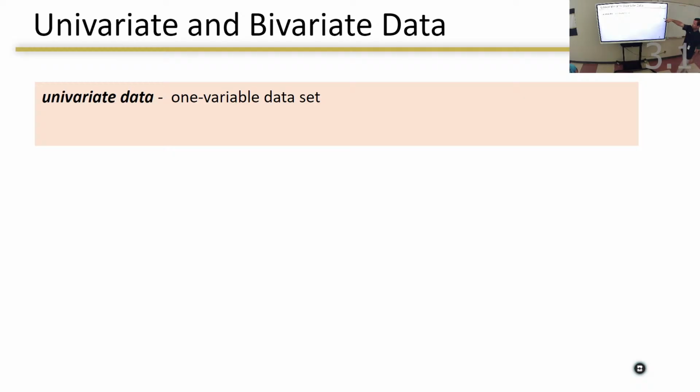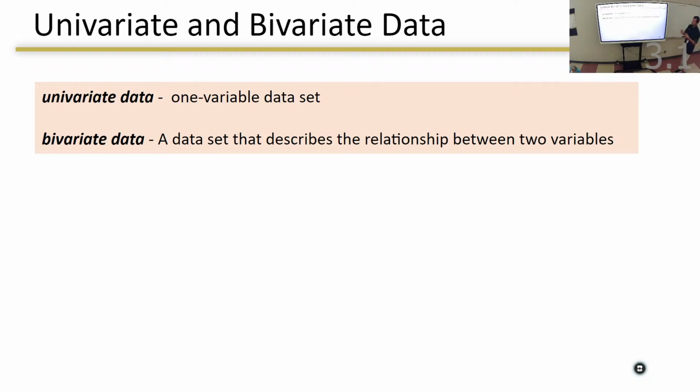So univariate's 1 variable. That's, like I said, everything that you guys have done up until now, and everything we're going to do after this is 1 variable, right? Just whatever we're getting. It's been either categorical or numerical, okay? This is going to be bivariate data, bi, like bicycle, 2, okay? Bivariate.